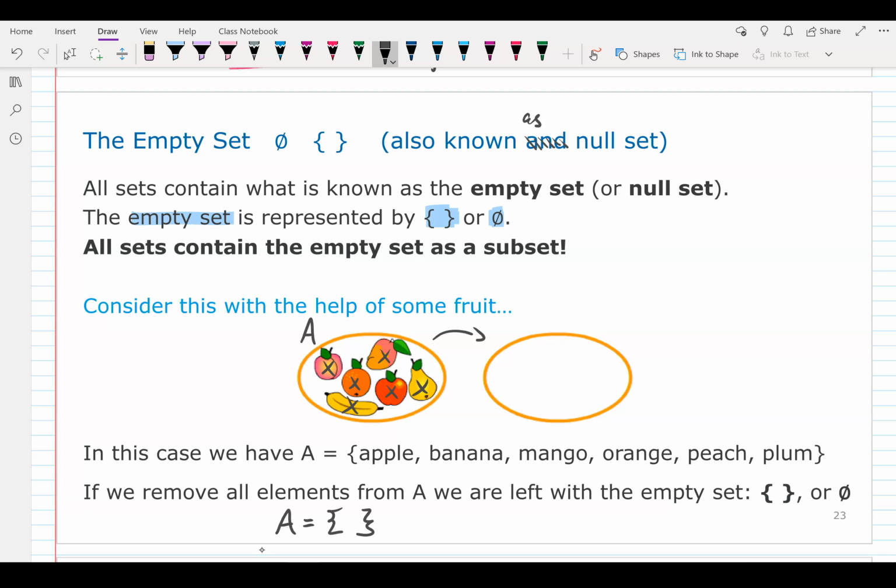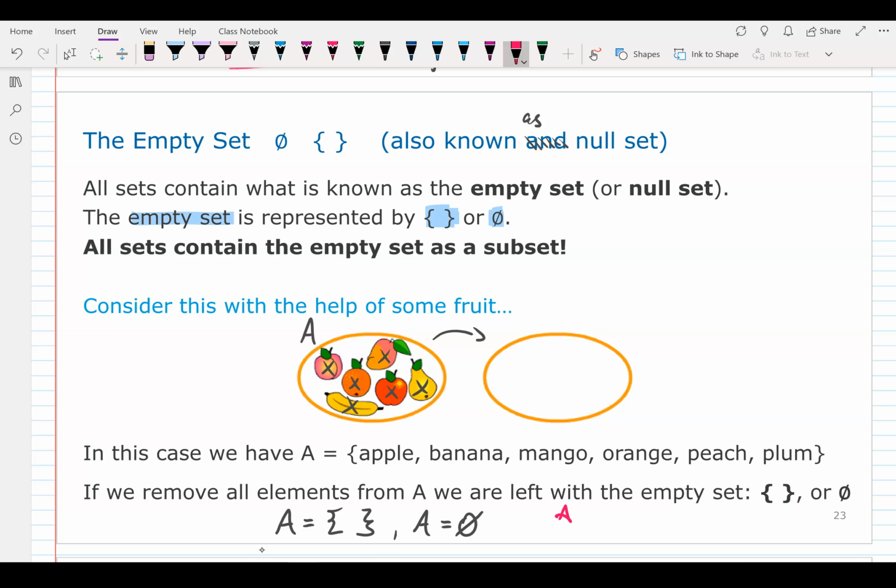You've kind of like taken all the people out of the house, but your house still stays there. So it's a weird concept that you have an empty set, but it's almost like saying 5 minus 5 is 0. Well, if you say 5 minus 5, you don't just erase it off the page normally. You've got to say that there's 0 there at some point. This is kind of like the set equivalent of that. You end up getting this empty set. You can also say A equals 0 with the line through it.